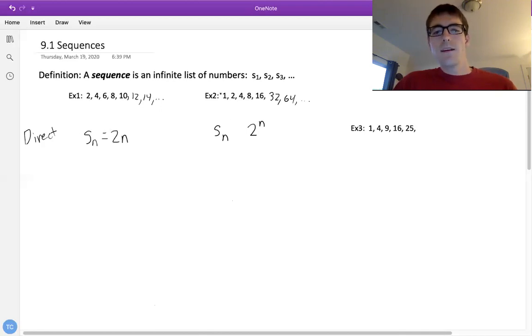Well, not exactly. If we plugged in 2, or the second term, this would say it was 4, so we're off by 1. If we plugged in 3, this would say it's 8, but that's the 4th term. So if instead we made this 2 to the n minus 1, that would adjust for this problem. So in this case, our Sn would be 2 to the n minus 1.